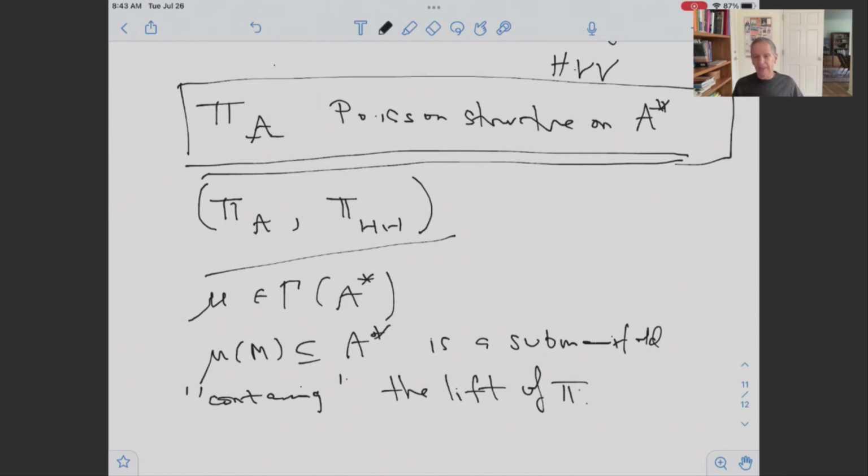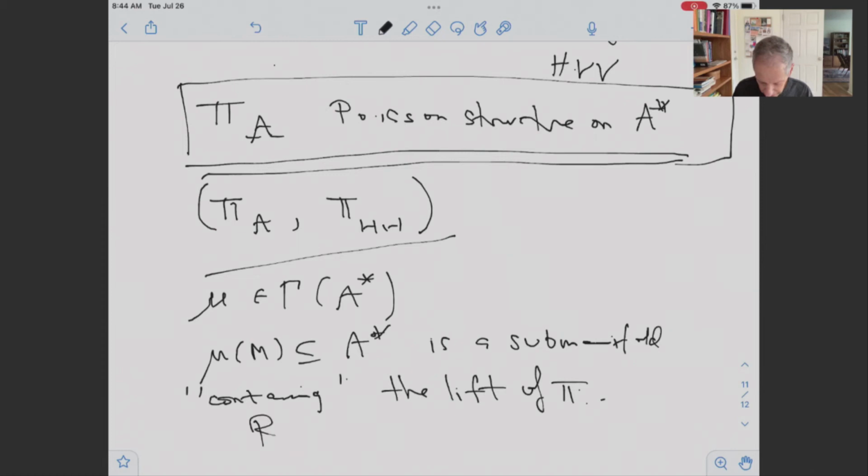So if we have a section, we can take the pi on the base and just lift it to the section. Of course, that won't be a Poisson structure on the total space. It'll just be a Poisson structure on that submanifold. But we can still ask how that's related to the Poisson structure on the dual of the Lie algebroid, how it's related to pi A.